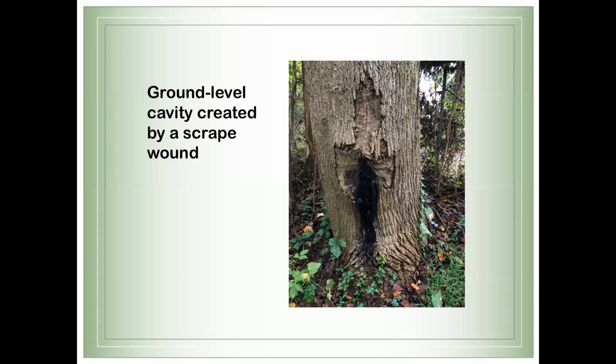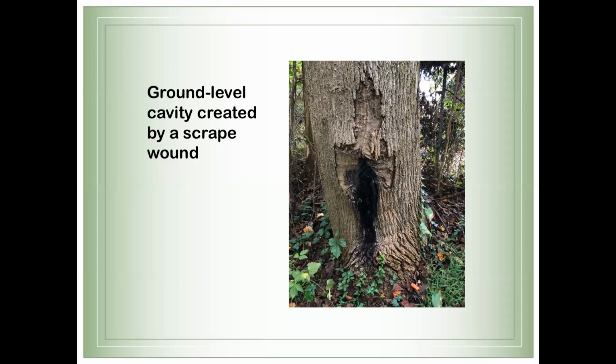On this one, this was a scrape wound. What I mean by scrape wound is a tree fell and it scraped the side of this tree and peeled off bark. The bark is the skin of the tree.